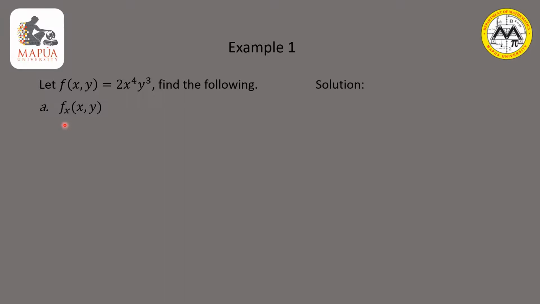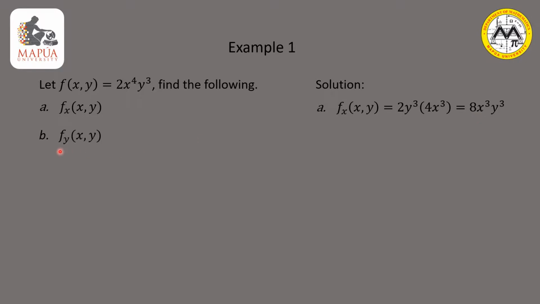So here, the partial derivative of the function f of xy with respect to x is simply the product of 2y cubed, which is held constant, times the derivative of x to the fourth given by 4x cubed, or we have 8x cubed y cubed.